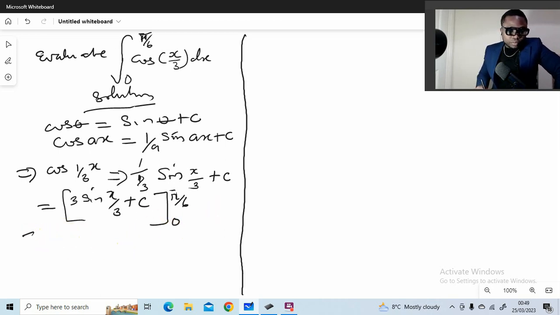This is the same thing as 3 sine, replacing x with pi over 6, that gives pi divided by 6, and multiplying 6 by 3, then plus c.